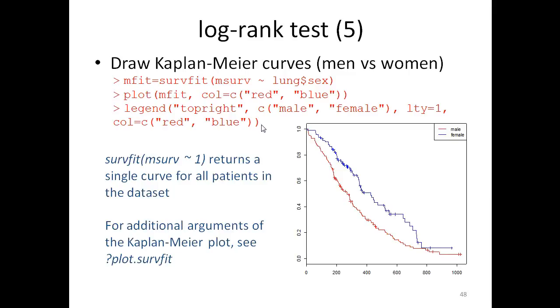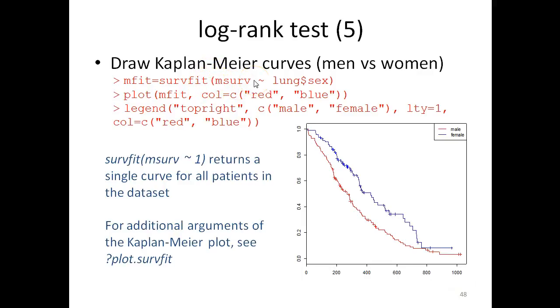To draw the Kaplan-Meier curve, which looks like this, you might have encountered it previously. It shows the percentage or fraction of patients who have still not reached the outcome at different time points. And in this case we have separated it between men and women. To draw this plot you have to create the survfit object using the survfit command.